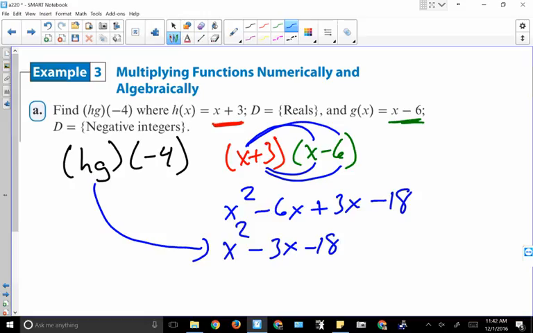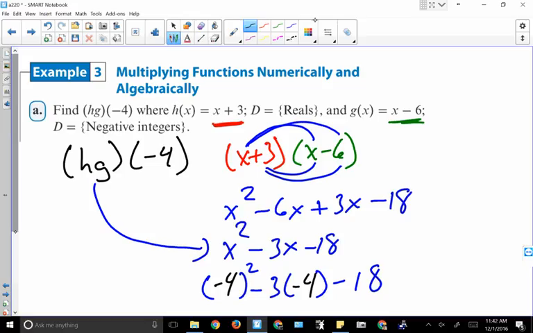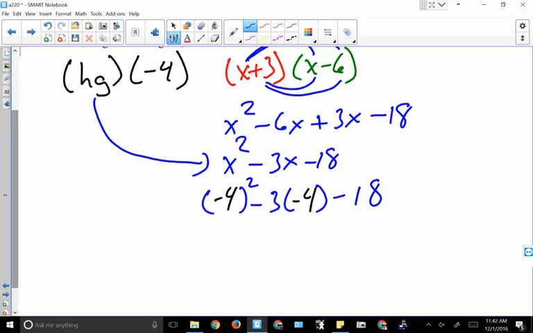So what number do I got to plug in now? Negative 4. So that means that negative 4 goes in here. It has to be squared. Negative 4 goes in there. So, what's negative 4 squared? 16.